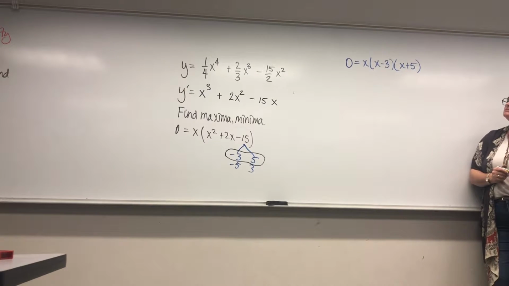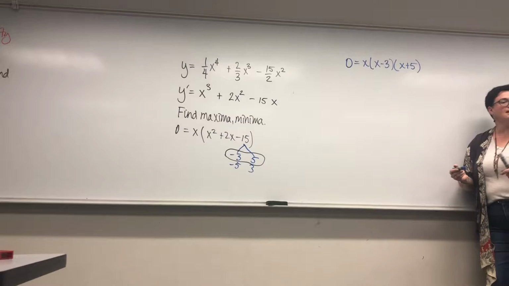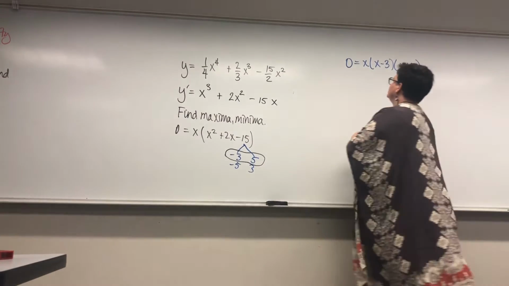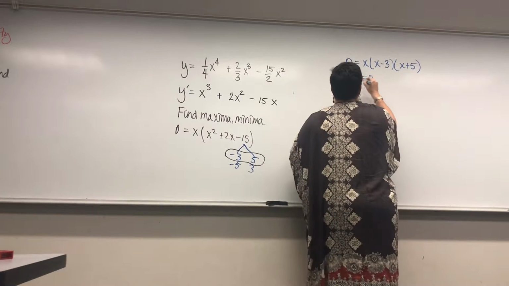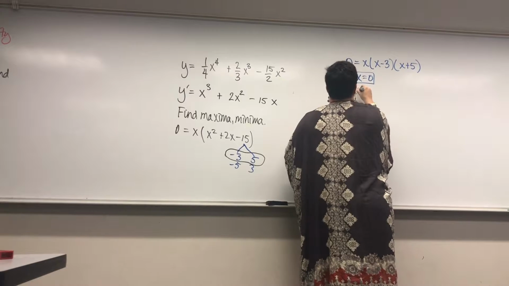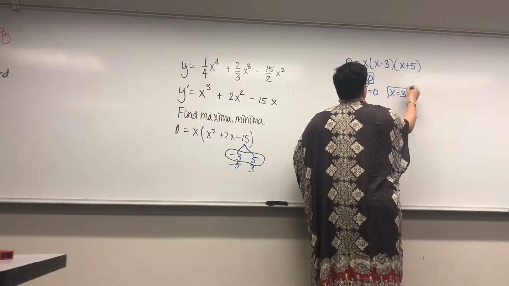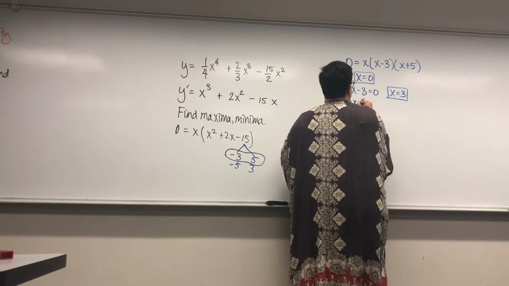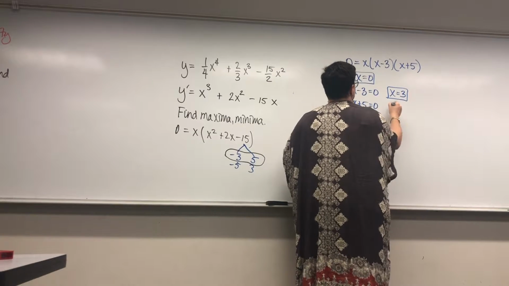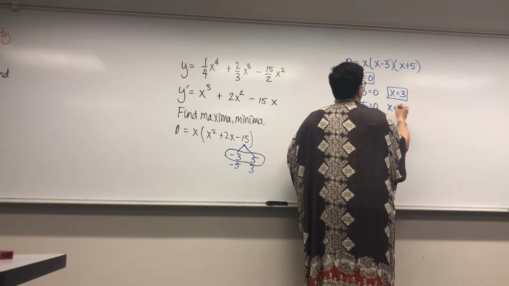Now I set each factor equal to 0 and solve. x equals 0, that one's done. x minus 3 equals 0, x equals 3. x plus 5 equals 0, x equals negative 5.